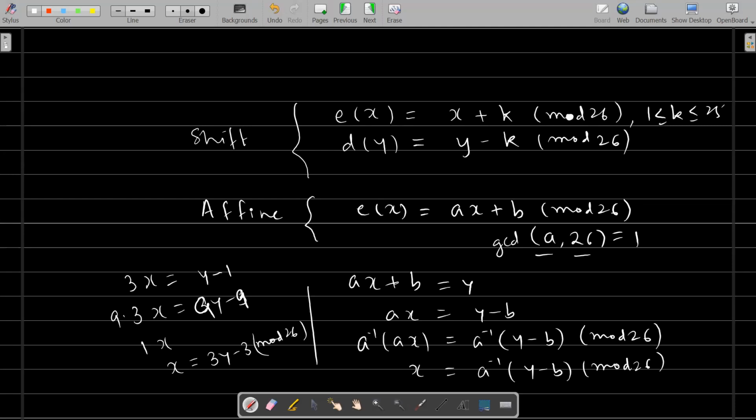So this was 9, right? Anyhow, I want to get back the original x, that is the idea, and to get back x, I have to get rid of that A, and therefore I have to multiply by some number which will give me 1 there. And all these things can be done modulo 26 if GCD of A and 26 is 1.